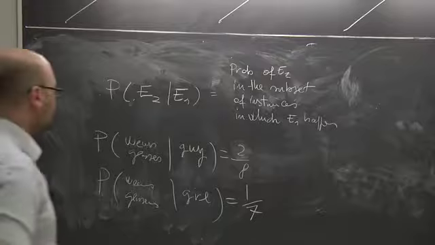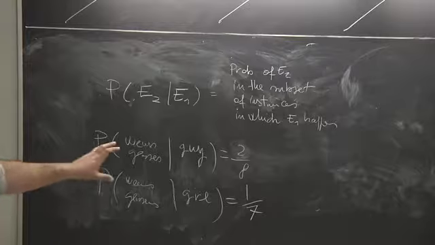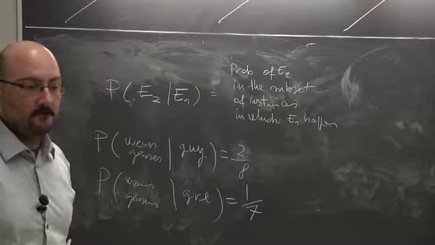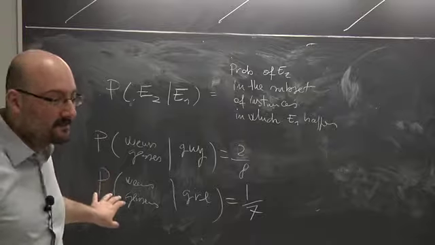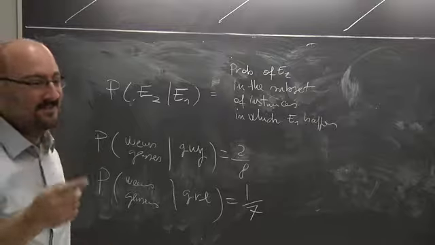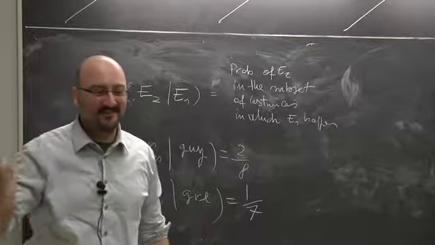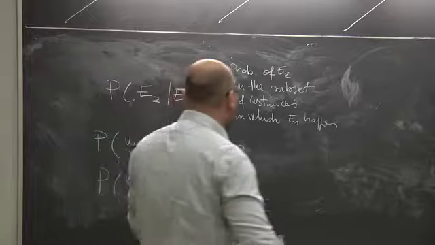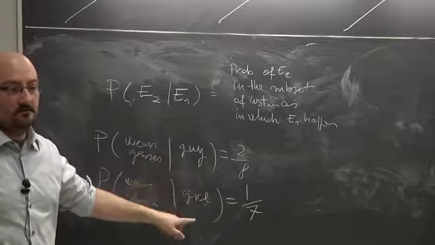So if I want to get the probability that somebody wears glasses, and I don't care whether it's a he or a she, what should I do? I have to add them, but I have to multiply them by something. By pi, I don't know. By Avogadro's number. No, I have to multiply them by the probability that a random person is a guy or is a girl.